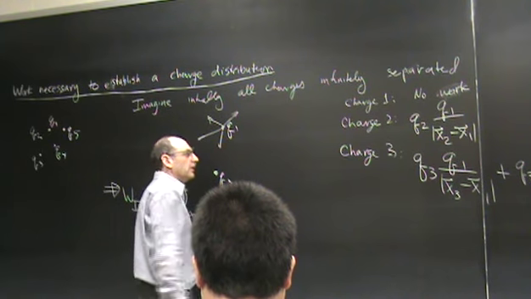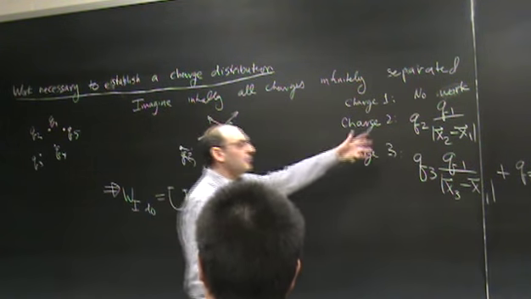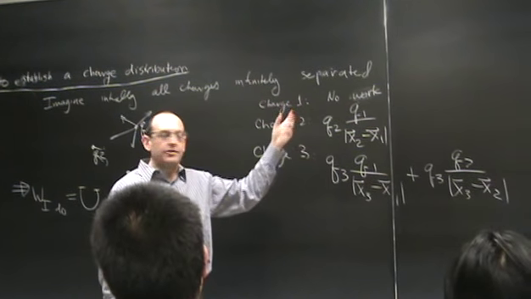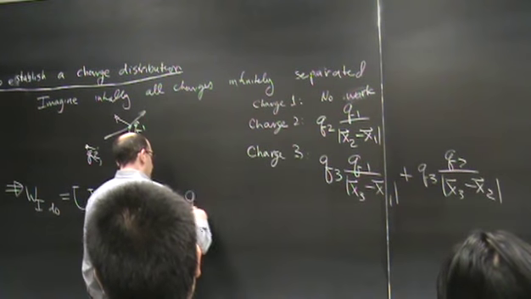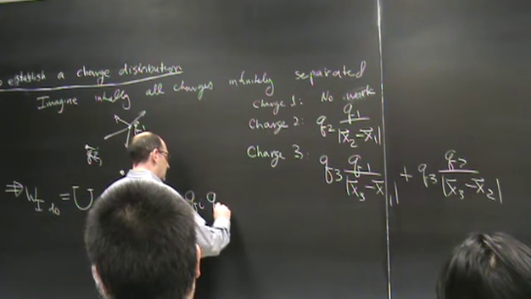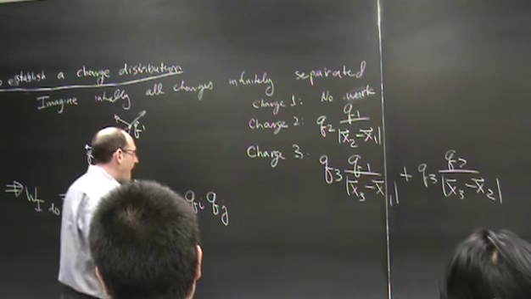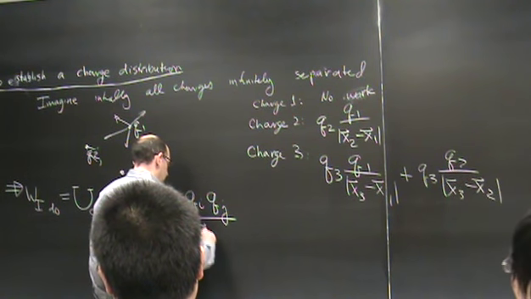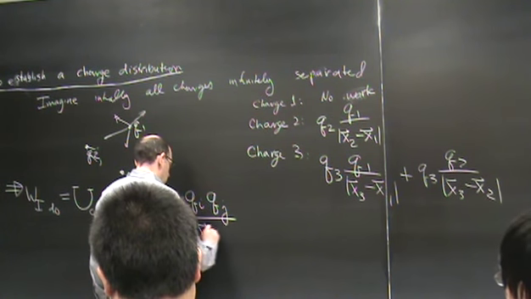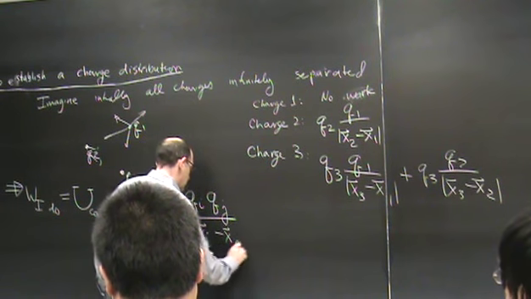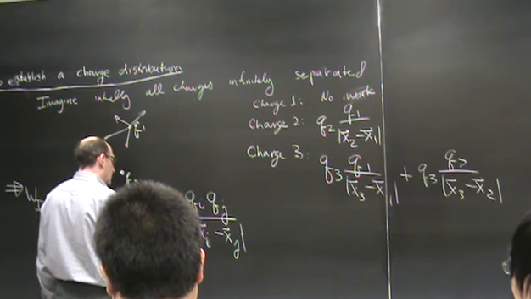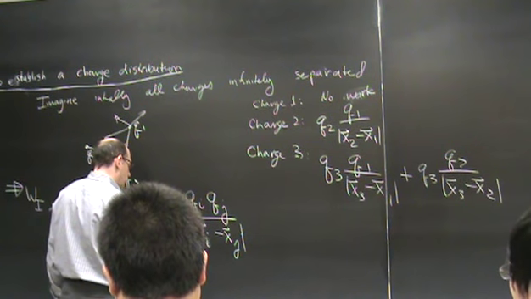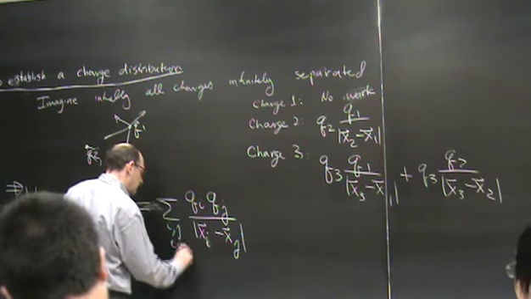It is equal to the sum over all pairs of Q sub i, Q sub j over the magnitude of xi minus xj, sum over all i and j, i not equal to j.